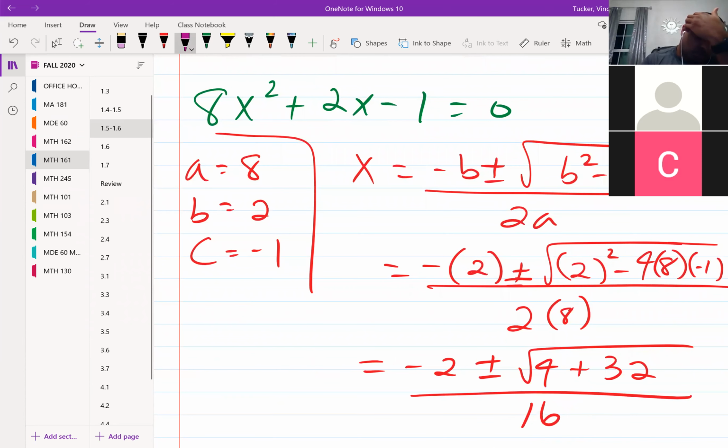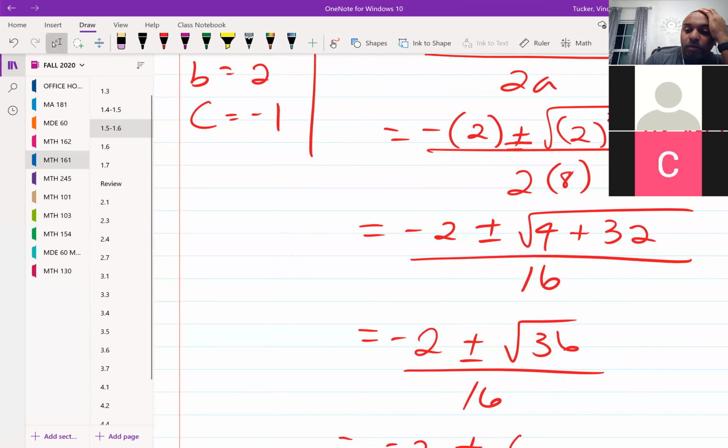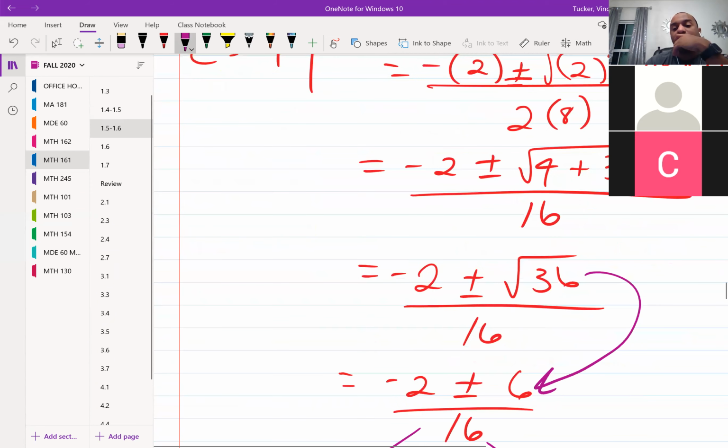So 2 squared, I'm under the radical. 2 squared is 4. -4 times 8, which is -32, times -1, which is +32. Then on bottom, 2 times 8 is 16. 4 plus 32, excuse me, is 36. Square root of 36 is 6.